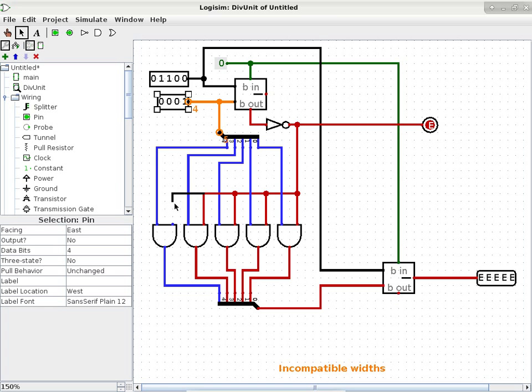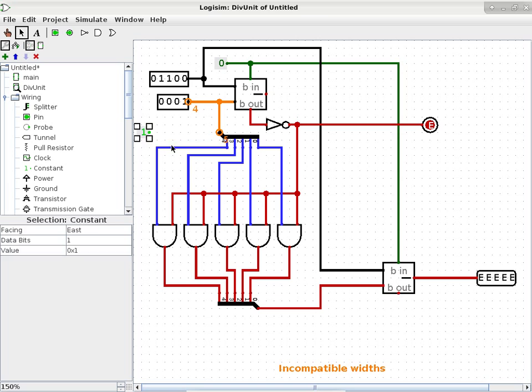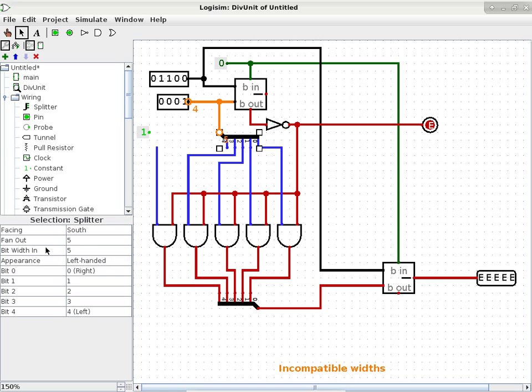Oh, we're missing one here. This one's 4-bit wide, 4-way split.